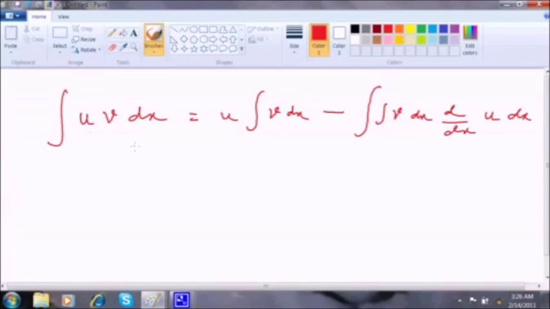Like in differentiation, there was d by dx of p into q, where p could be anything, q could be anything. There is a minor change here: u and v will be governed by the ILATE rule. Which will be u and which will be v is governed by ILATE.